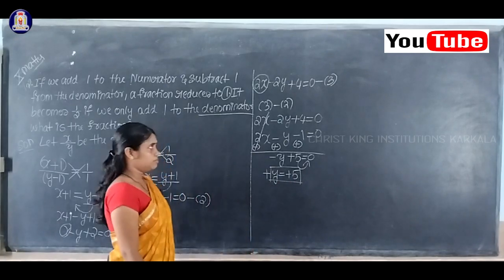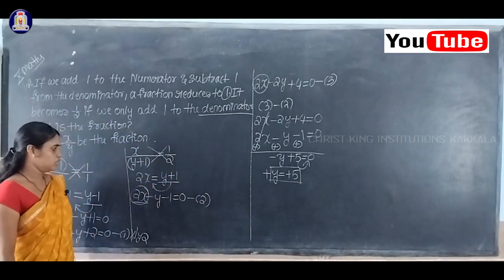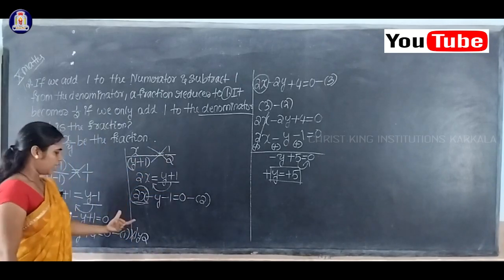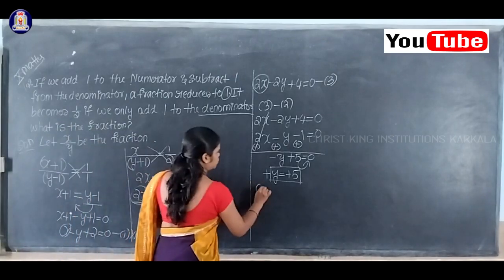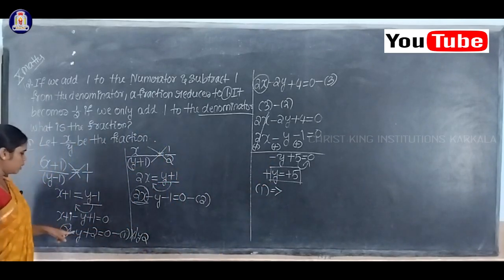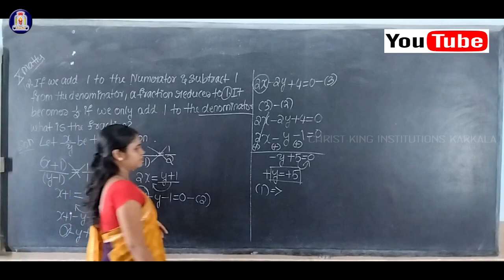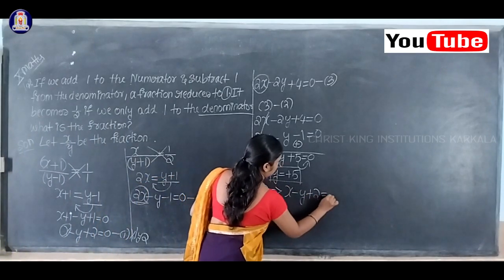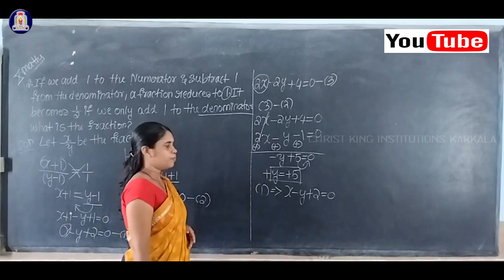Now it remains to find the value of x. You can refer to equation 1, equation 2 or equation 3. I'll consider equation 1, the simplest equation. Equation number 1 is x minus y plus 2 equal to 0.